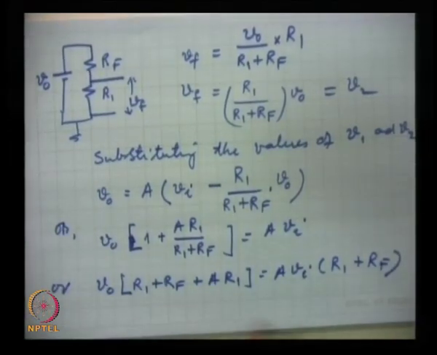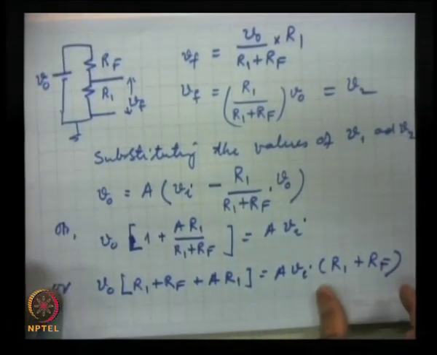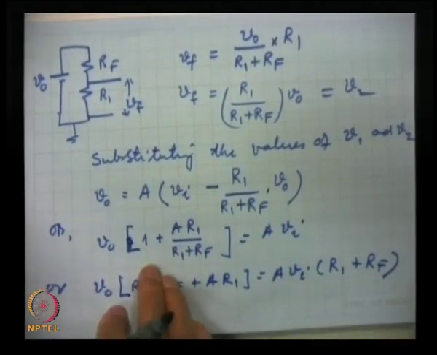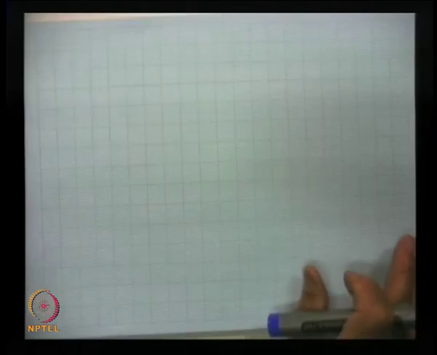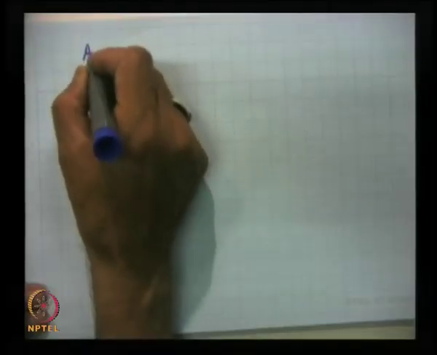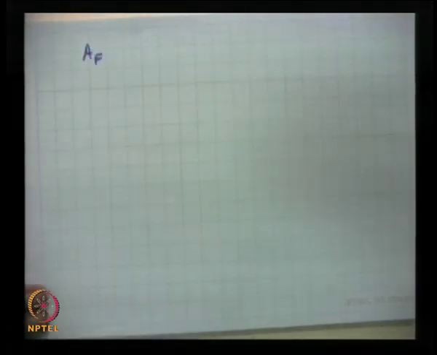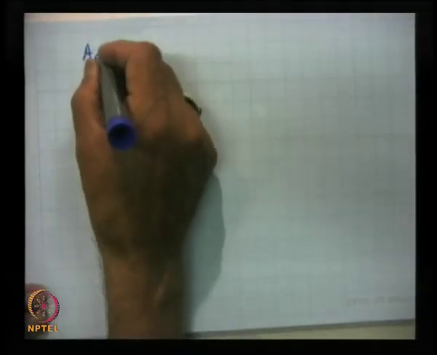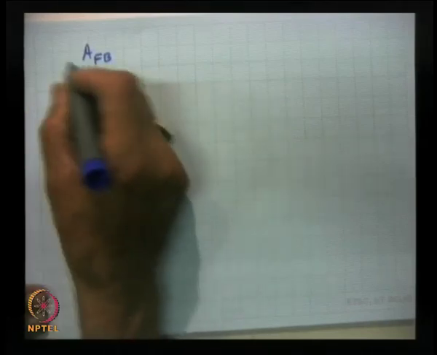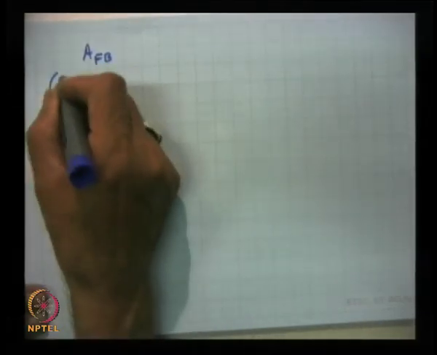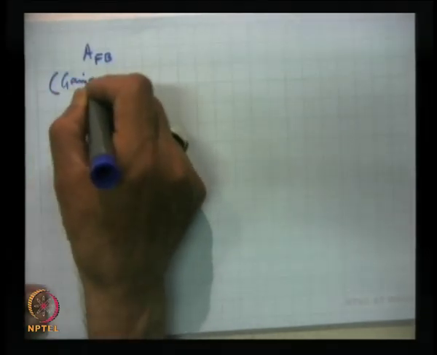And now from here we can get the closed loop gain. From this expression we will get A with feedback. So, normally we write with F or even FB, gain with feedback.